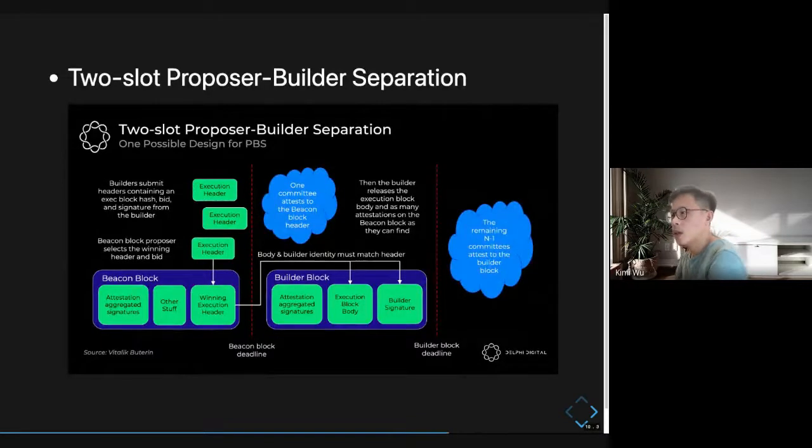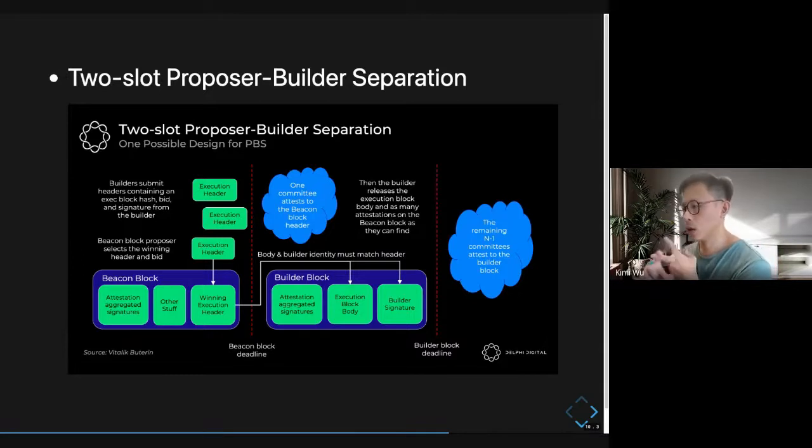So the first issue we met will be, if a builder builds a block and submits to the proposer, there will be two issues. One is the whole network will have many builders doing that, and the block size is huge now, so there will be some network issues because there are big block transfers through the network.